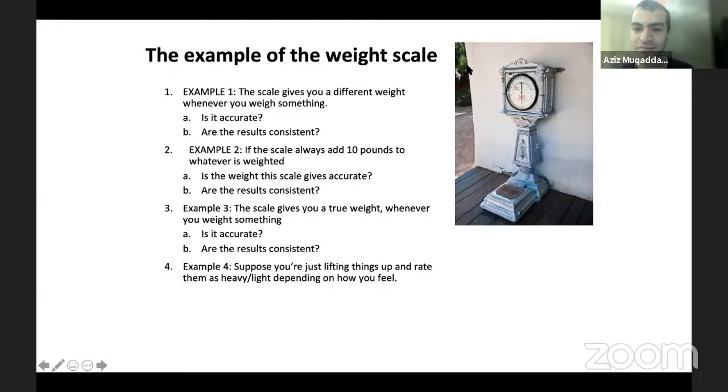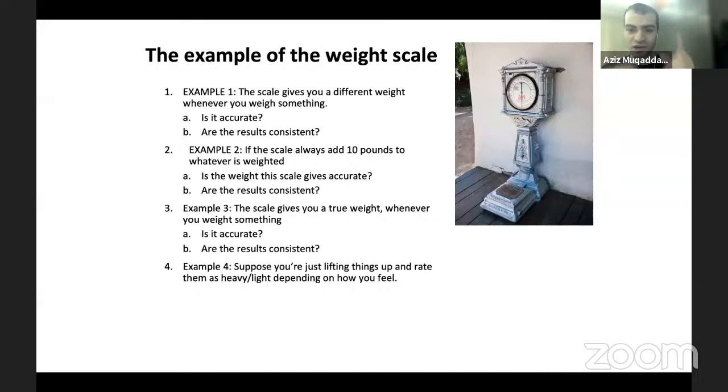Most of you, I thought you got it right, but most of you got this part wrong. The scale always adds 10 pounds. So are the results consistent? You know what I mean? The results are consistent. It's consistently wrong, but it's consistent, right? What we mean by consistent is that there is a systematic pattern to it.